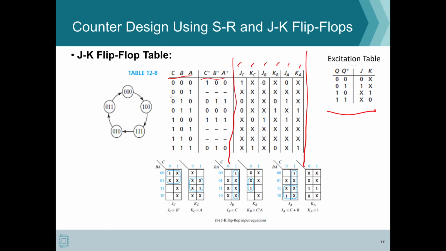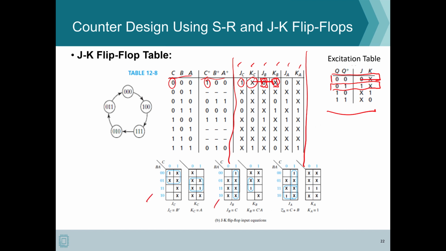So here again you can see that whenever I have 0, 1, this goes into this, so J of C becomes 1 and K of C is nothing but X. Similarly, when you have 0, 0, that is your condition 0 0, so that becomes 0 X, right? And we will continue to fill this, but whenever you have a don't care, it basically all becomes a don't care.